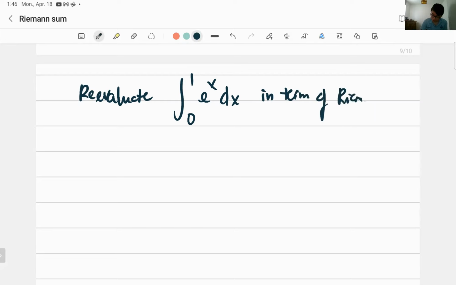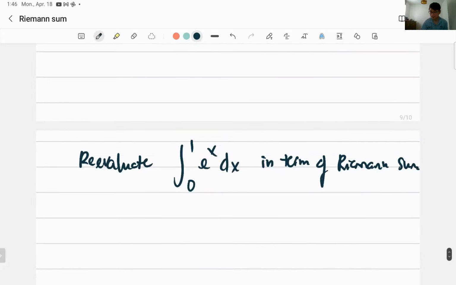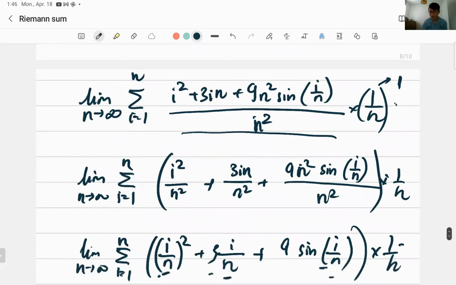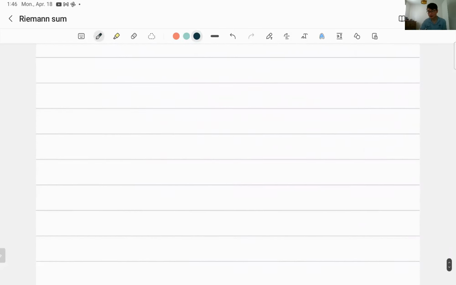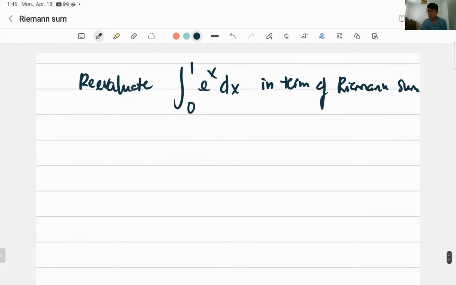So how can I do this, right? Now this one is a very cool one. This I took from this one and the previous problem. The school that gave out this problem is MIT, the Massachusetts Institute of Technology.